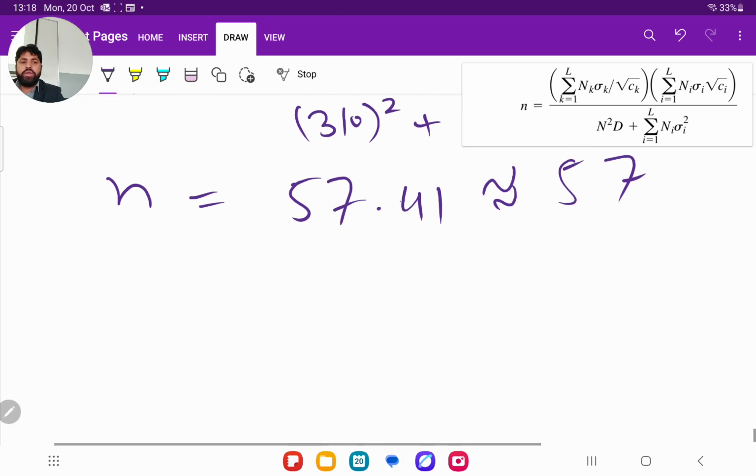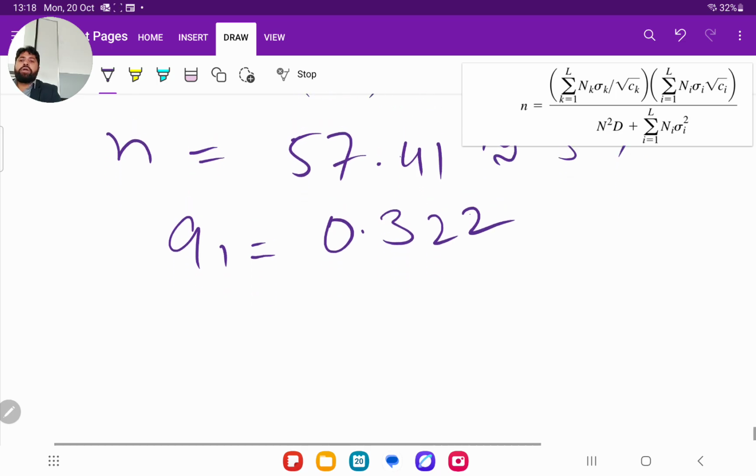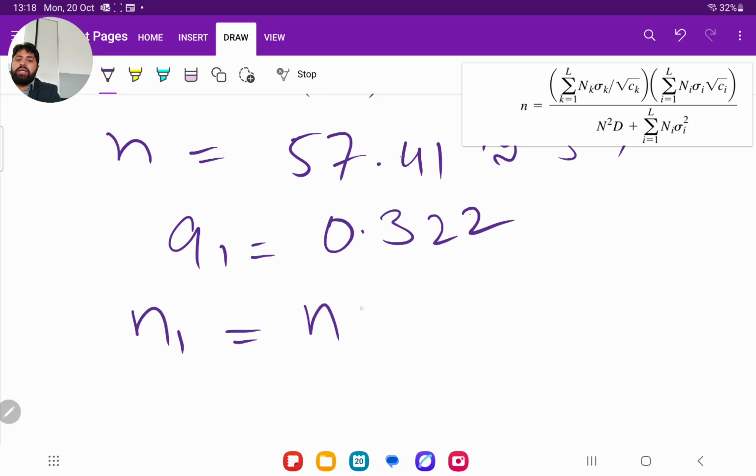No problem. Okay, so now we will be applying the concept of allocation. So what was your A1? 0.322. This is your A1. Now we want to calculate n1. n1 is basically N times A1.